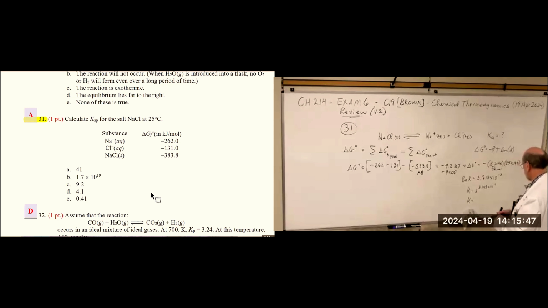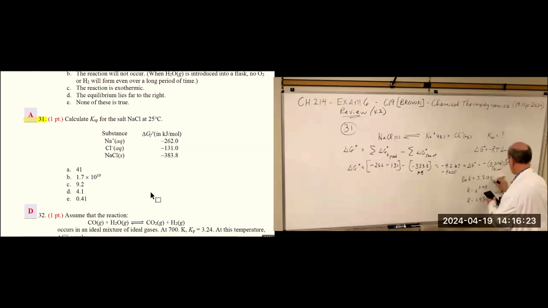e to the 0.3713. I have a real problem with units. It makes me so confused. This is 1.45. And that's still wrong. Let me try it again. Okay, 9,200 and 8.3145 and 298. Oh.